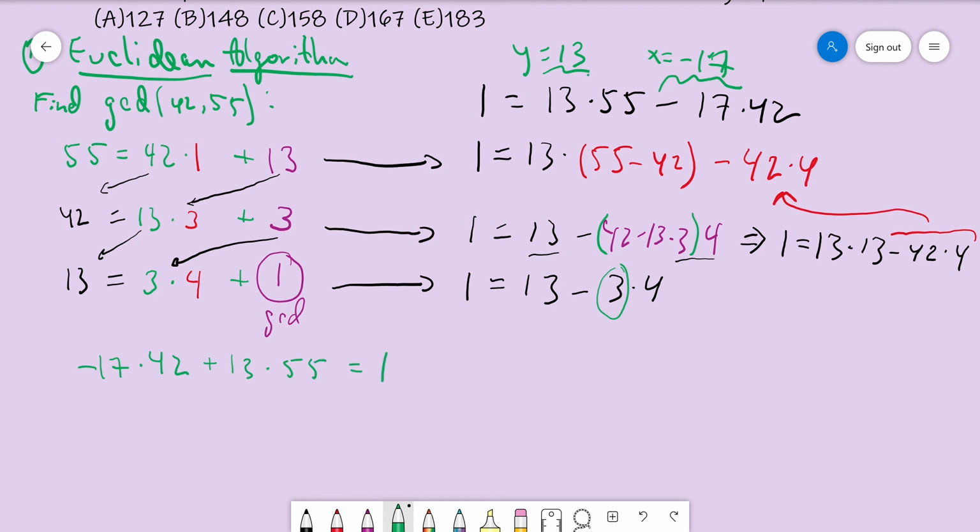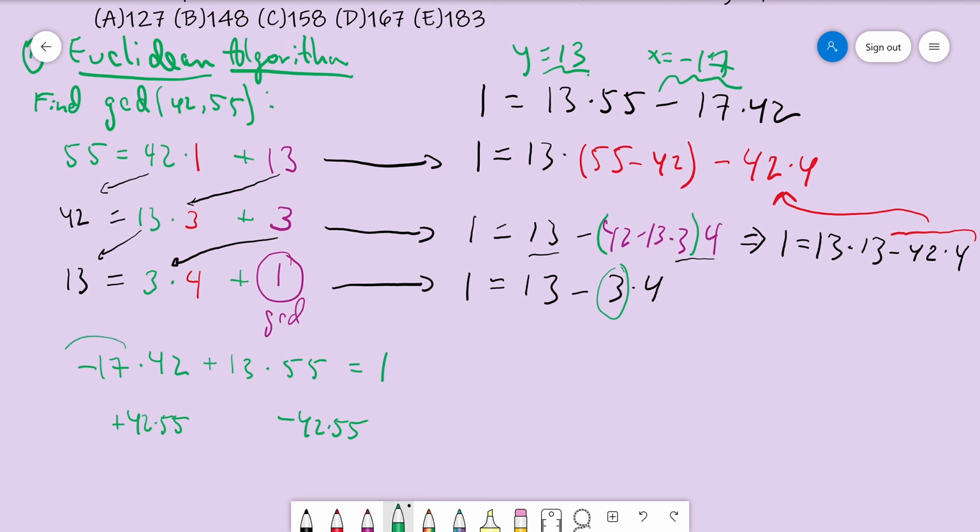Now, if we add 0 to the left side of the equation, that doesn't change anything. So one way of adding 0 is to add 42 times 55 and subtract 42 times 55. Well, how can we do that?